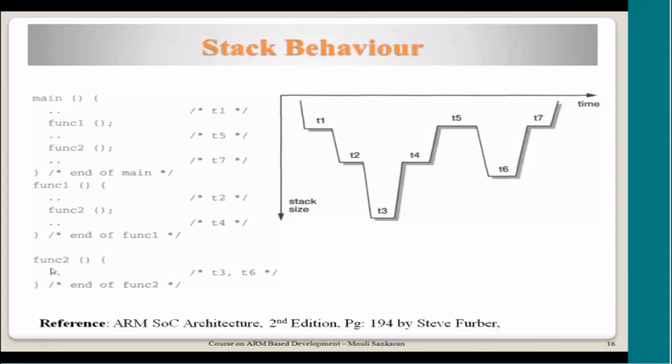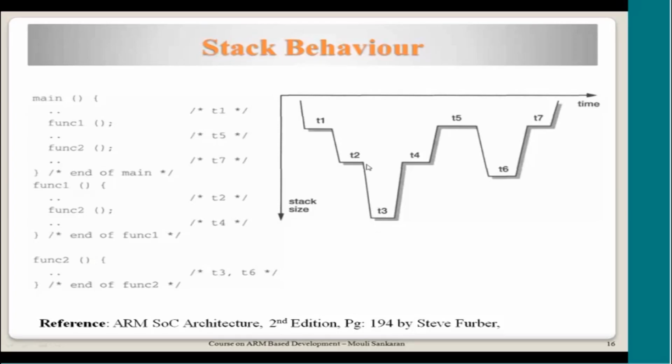As you see, at different points in time, at T1 it has not even gone into function 1, and when it is inside function 1 at T2 the stack is used for function 1, and then at T3 when function 1 calls another function 2, the stack goes down again.